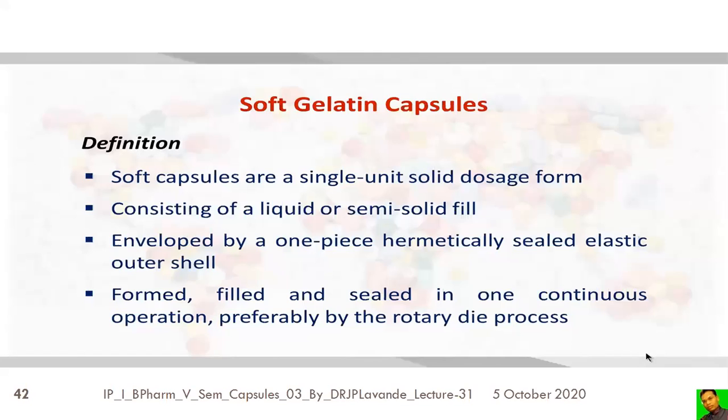As we saw in case of the hard gelatin capsule, the gelatin shells are manufactured somewhere and carried to where the process of filling is carried out. But that is not the case with the soft gelatin capsule, as formation, filling, and sealing occur simultaneously in a continuous, single process.